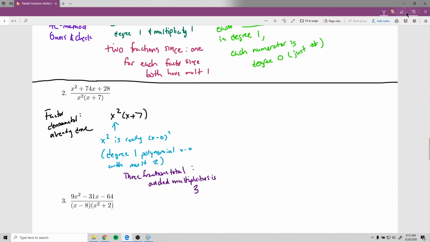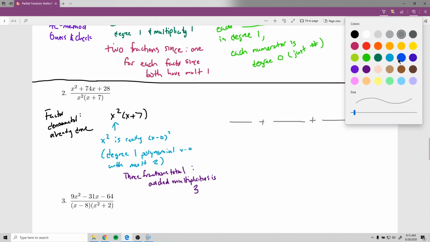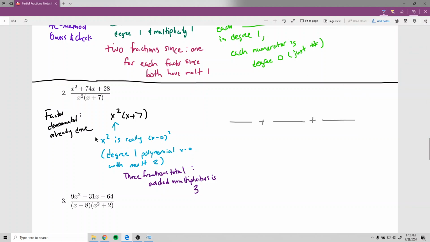All right, so I'm gonna do what I did last time. I'm gonna start by just adding 3 fractions together. Now, because the x plus 7 is the easy one that we kind of dealt with, I'm just gonna put that here first. Then the other 2 fractions are gonna come from the x squared, but I'm gonna, once again, think about it as x minus 0 squared.